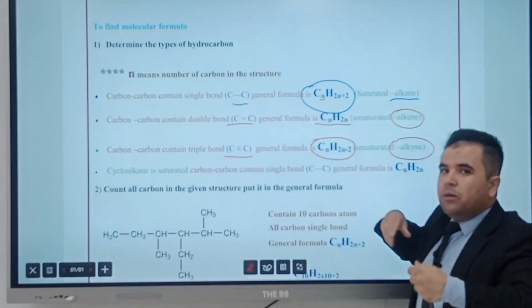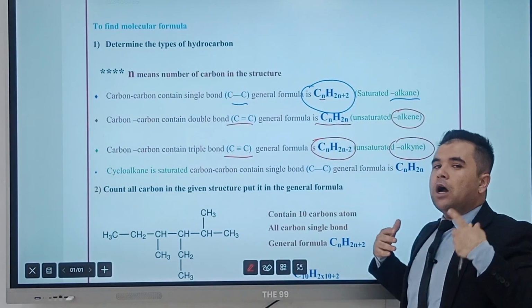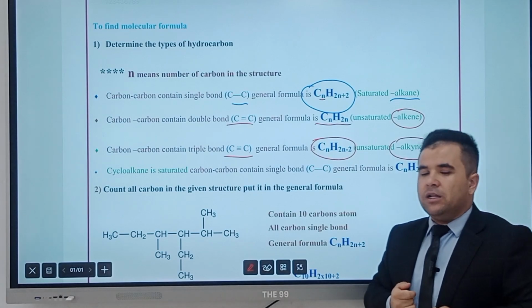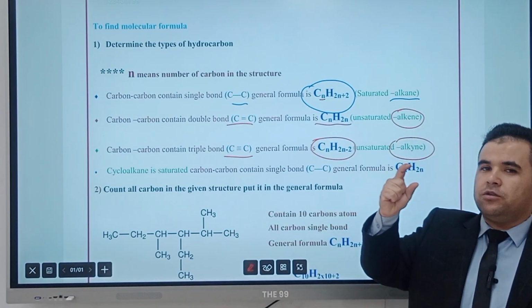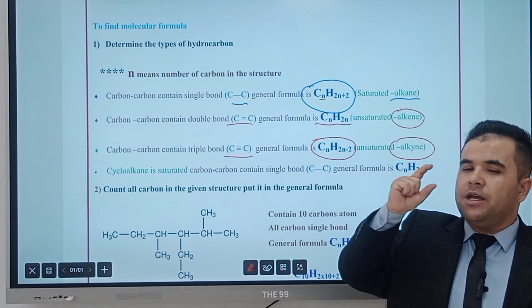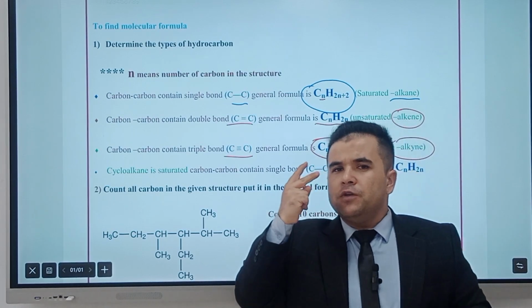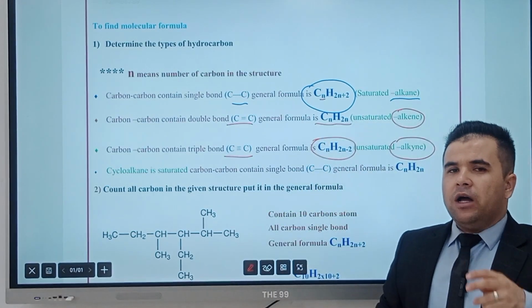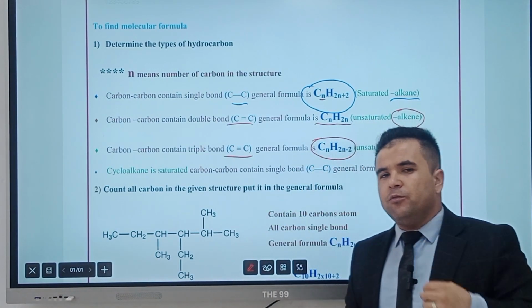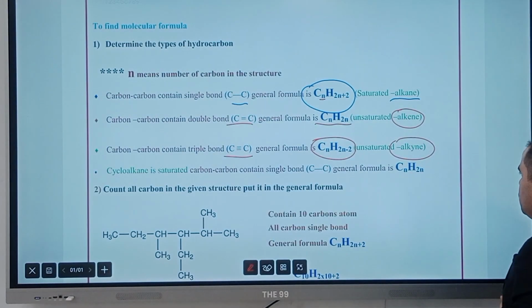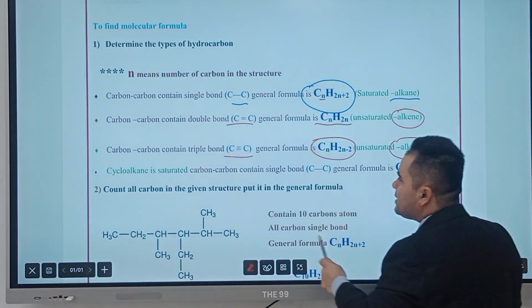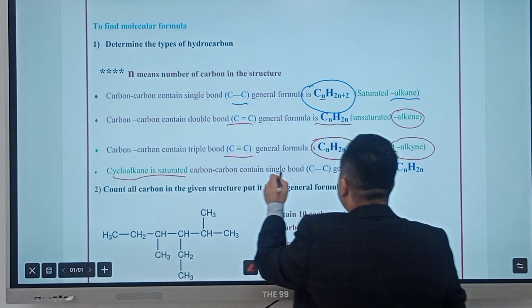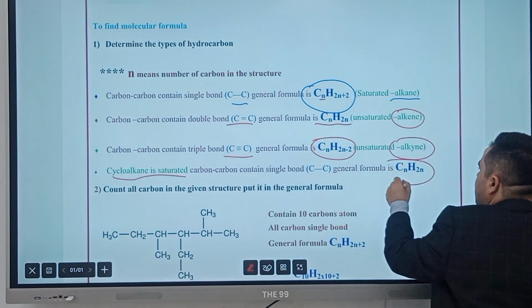For more double bonds and triple bonds, it is valid according to the number of bonds. Every double bond inserted removes 2 hydrogens from the structure, and inserting one triple bond removes 4 hydrogens. For the cycloalkane, which is saturated, what is it?